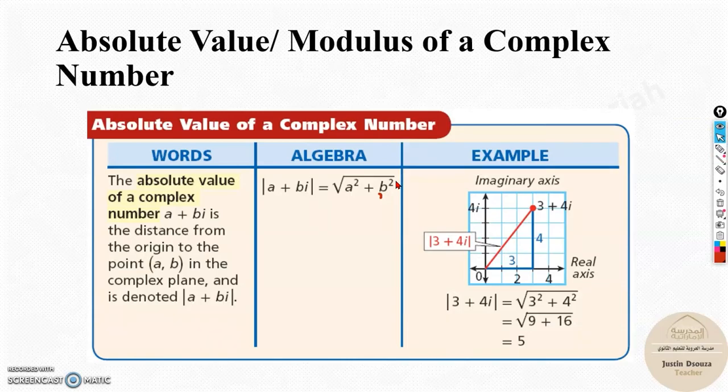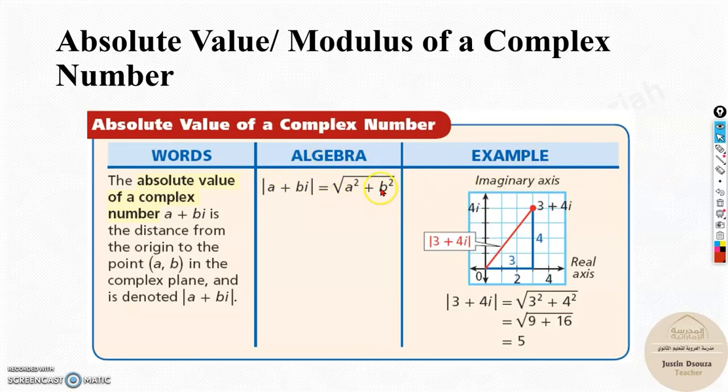But before that, let's see about absolute value or modulus. This modulus is basically the distance. Algebraically, it's given like this. You might remember the distance formula is similar to it. The distance from the center, that is 0, 0, is used. So you have a plus bi, the complex number. The square of a plus the square of b, the whole square root.